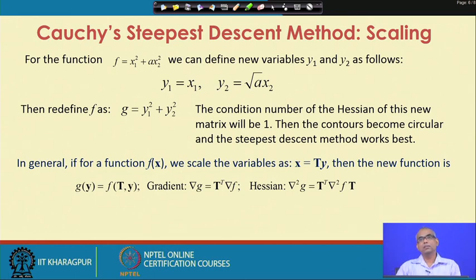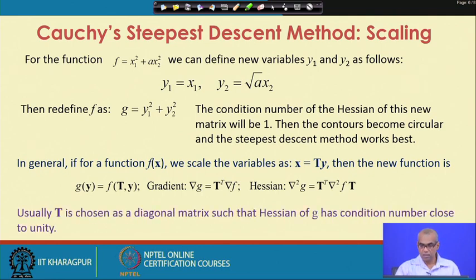In general, how do I perform scaling? To perform scaling, we define the new variable y and take a diagonal matrix T and scale the variable as x equal to T y.